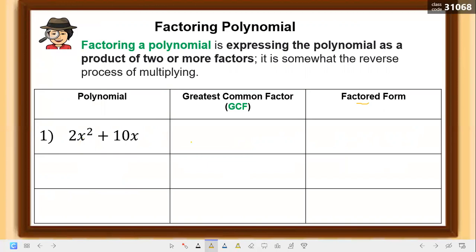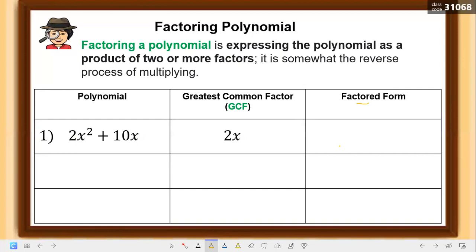Okay. Tama, no? Kasi divisible by 2, yung first term tsaka second term. Since may x siya, mas mababa yung degree ni x dito sa second term. Kaya 2x yung GCF.